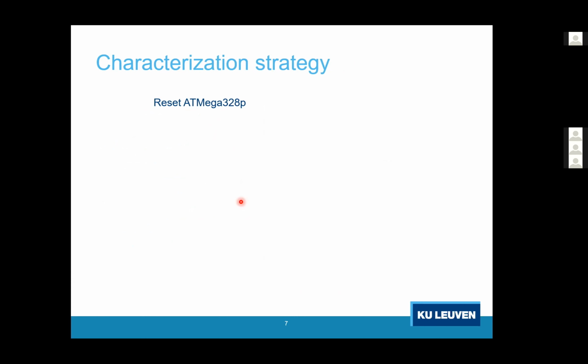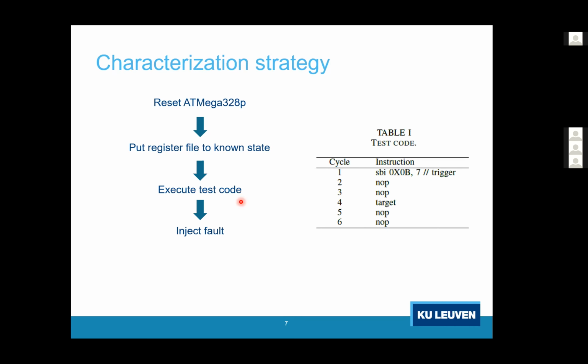So the first thing that you do for a characterization is you put a device in a known state. So you reset the target and you put all the registers in the register file to a certain value. You execute your test code, you inject a fault. The fault is timed by having an assembly instruction that pulls a pin high. This is what we call our trigger.